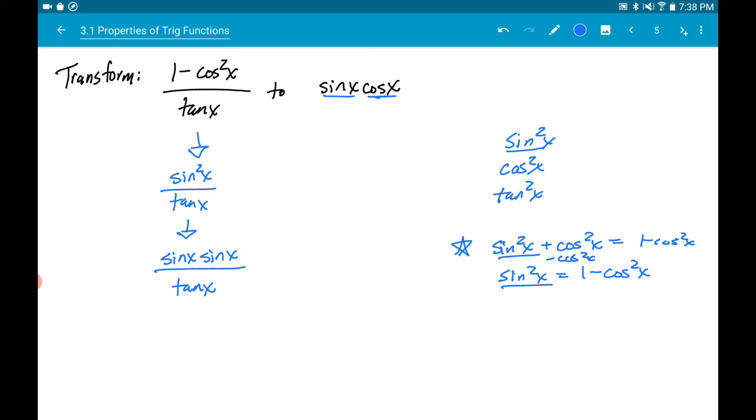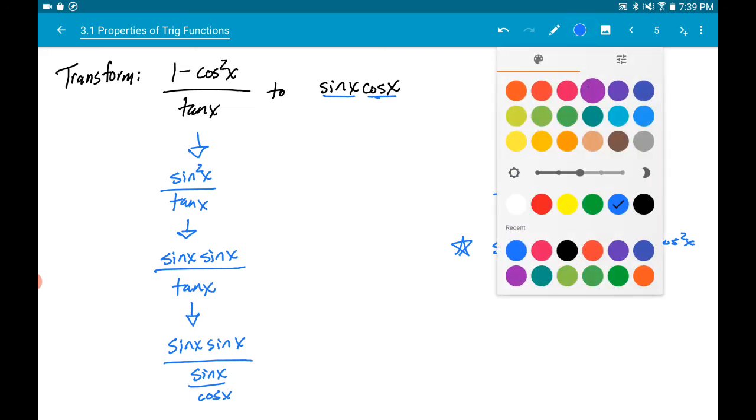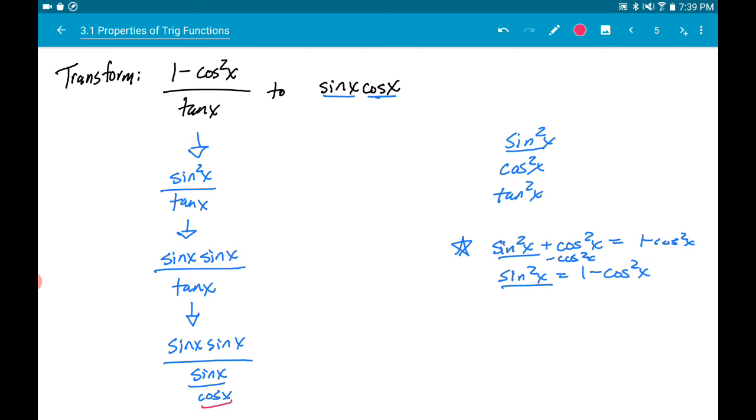And again, I don't see it right away, but I do know that tangent is sine over cosine. And so now I have this big mess here, but if you think about it for a second, I got a cosine in there, I got a sine, I got too many sines. So I want to be careful with my algebra here.